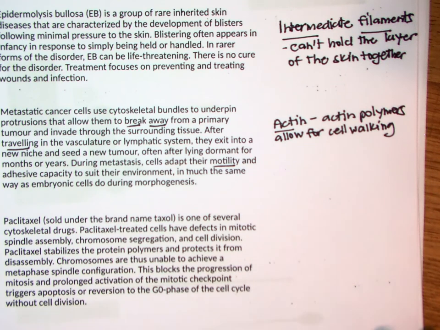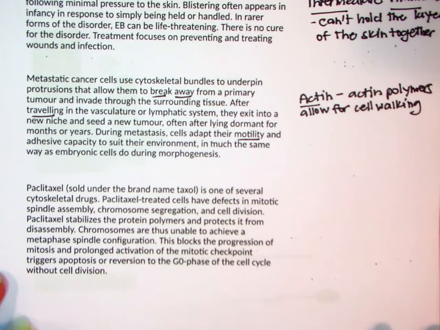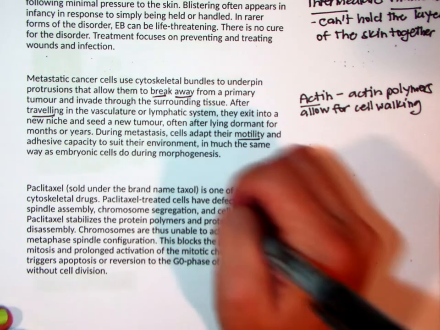And we can probably deduce what this last one is going to be, but let's look at it anyway. Paclitaxel, hoping I'm saying that right, sold under the brand name Taxol, is one of several cytoskeletal drugs, and paclitaxel-treated cells have defects in mitotic spindle assembly, so cell division is what we're talking about here, chromosome segregation, and cell division.